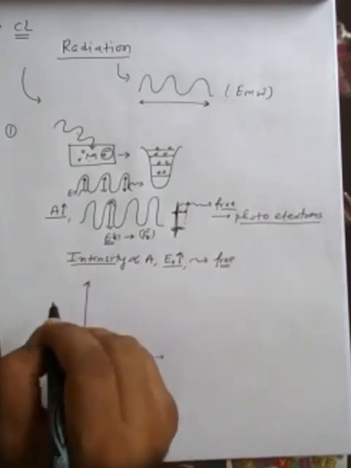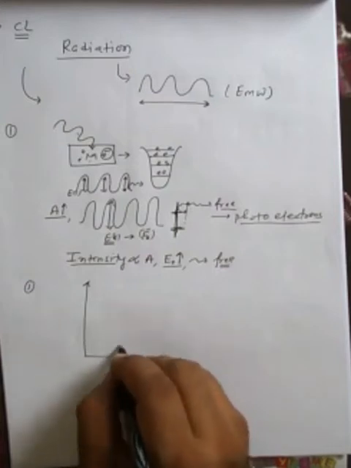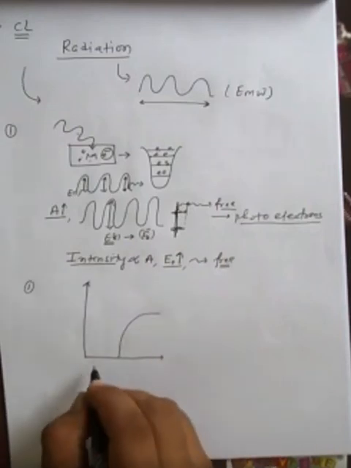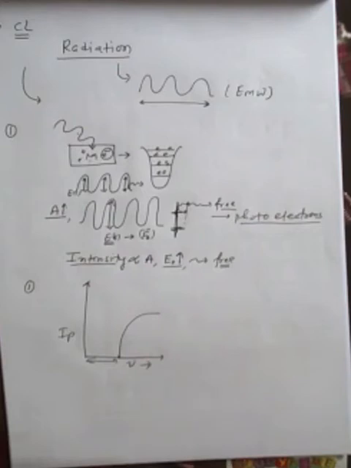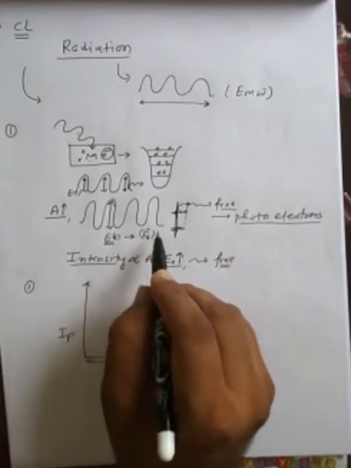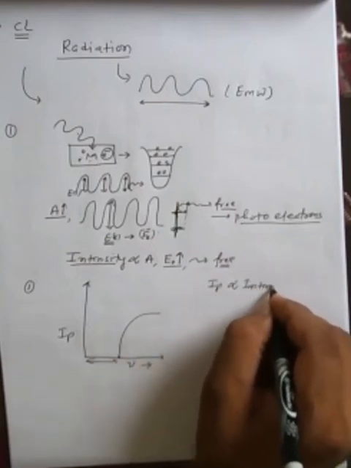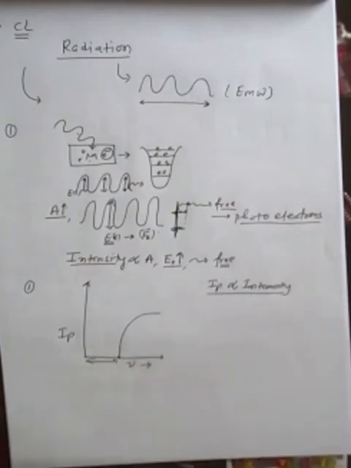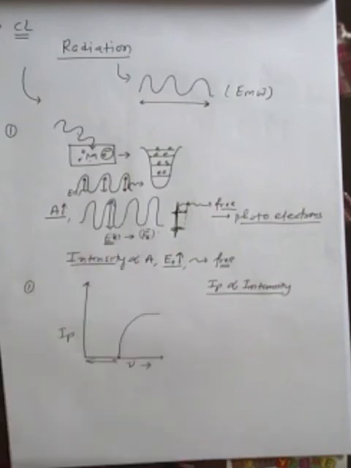Now if we use this concept to understand the first experimental result of the photoelectric experiment, we know the experimental observation: in this range there is no current, but then the current increases with increasing frequency. But with this concept, the photoelectric current IP increases with the intensity of the light, meaning the amplitude of the electromagnetic radiation, but it doesn't depend on the frequency of the wave.